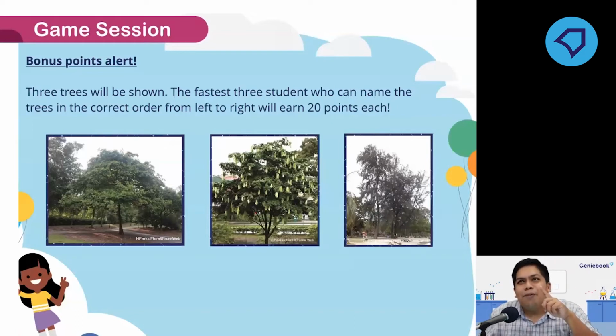And I see some people with wrong spelling and so on. Because it will waste lesson time for me to look through again who the top 3 are, not to worry. At the end of the lesson, I will discuss with the moderator who the top 3 students are who got it correct and were the fastest, and then you will earn the 20 points.